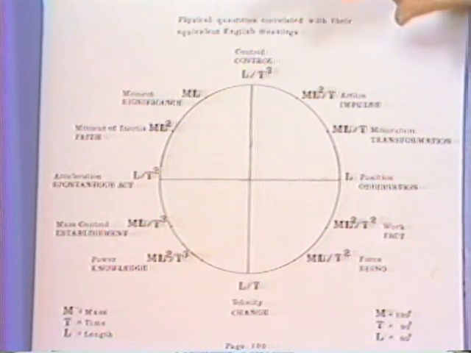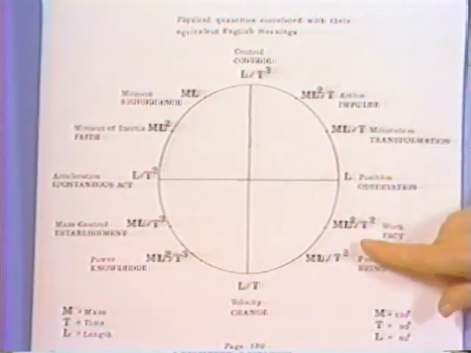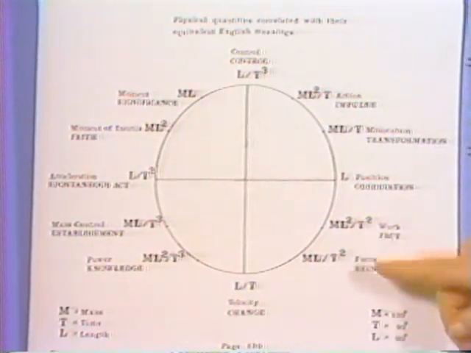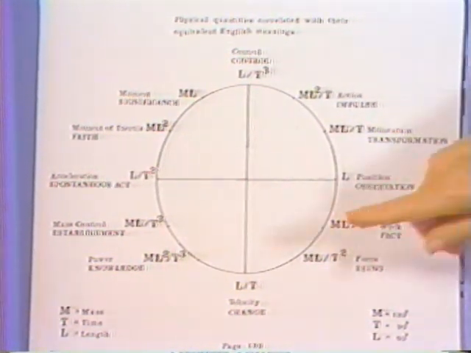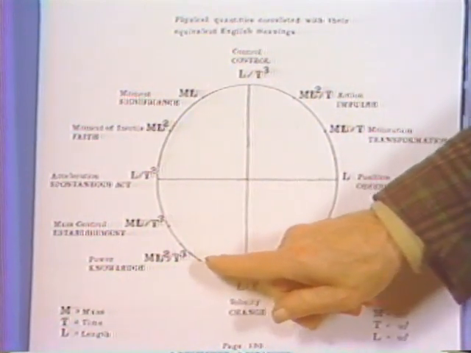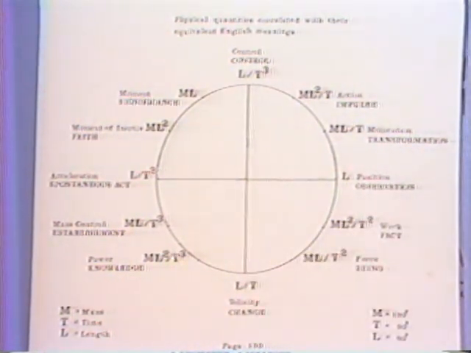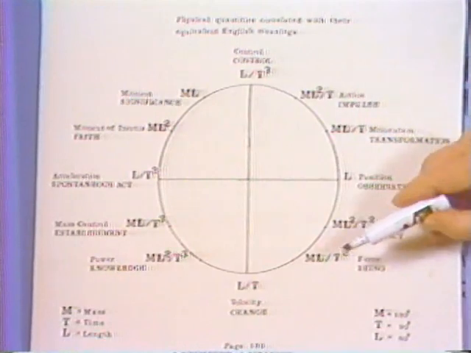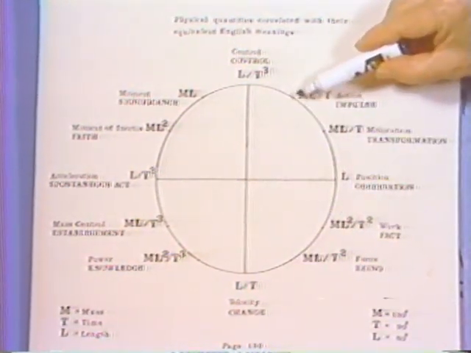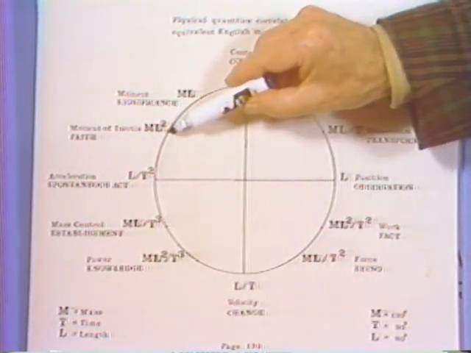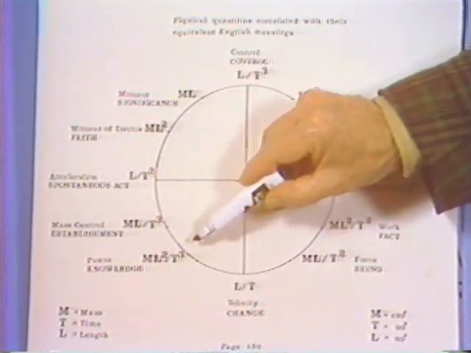I'm talking about, let's see, I first did this one. That's this one, work, and power. I better show how I got these. I came from here to here to get work, from here to here to get action, from here to here to get inertia, and from here to here to get power.